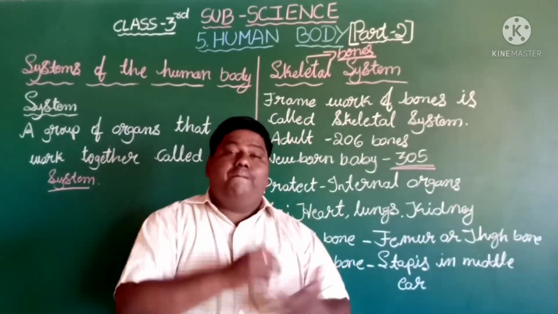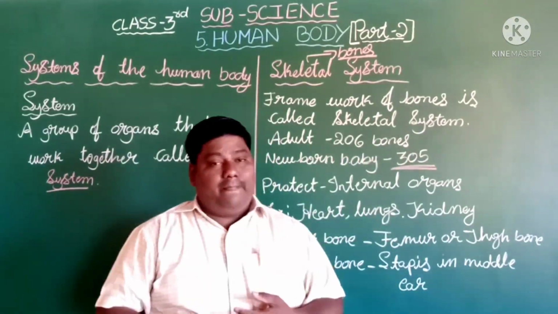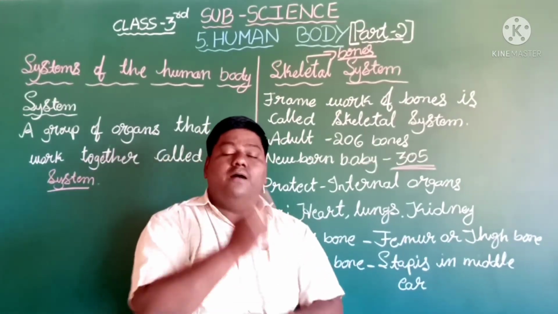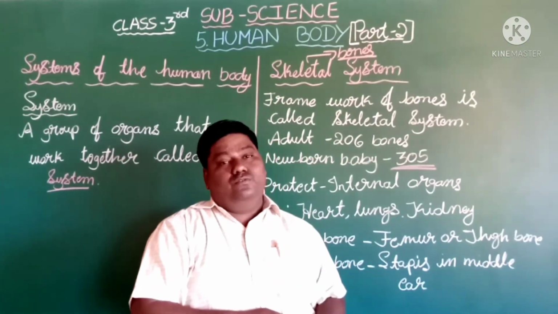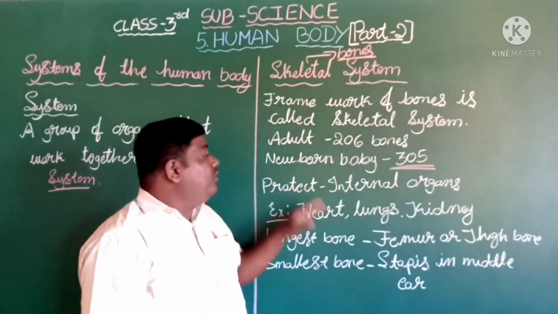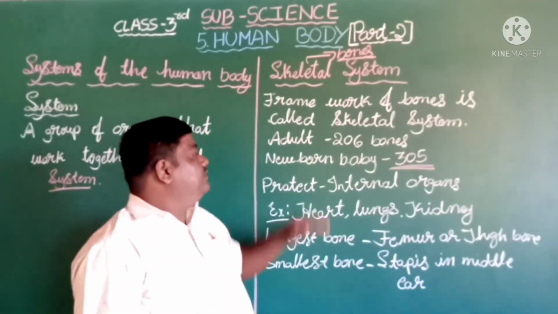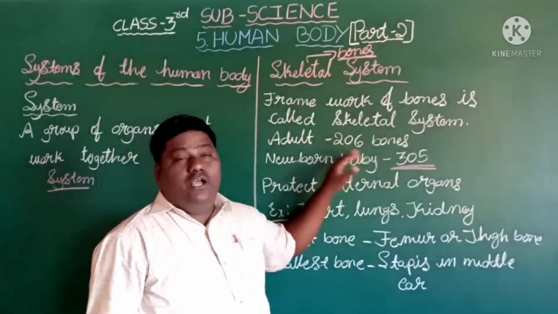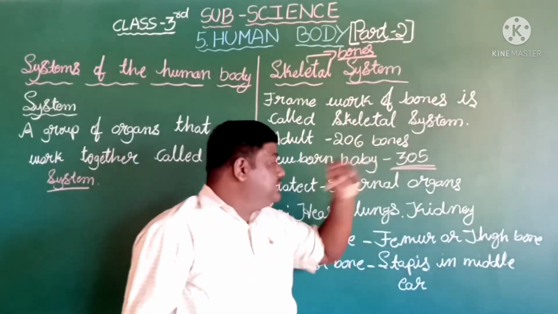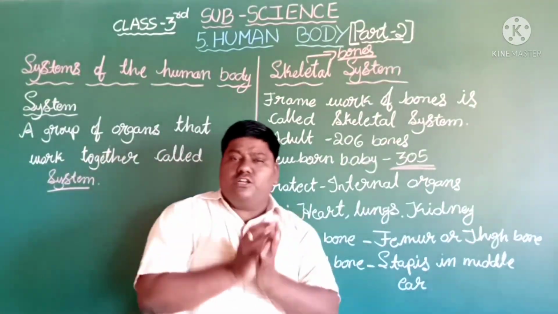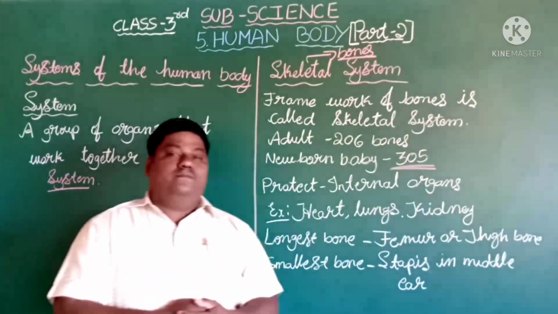When they grow up day by day, all those joints will become one bone. So in a newborn baby, we are seeing 305 bones. In adults, we are seeing 206 bones. See here, what is the function of the skeletal system?